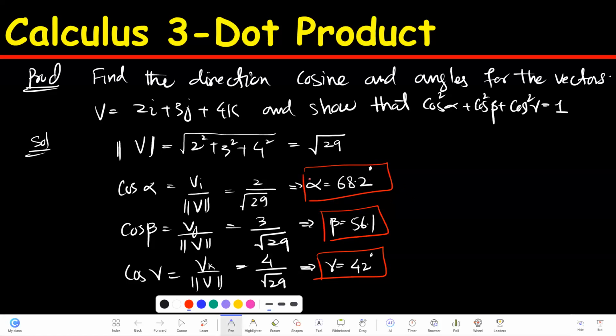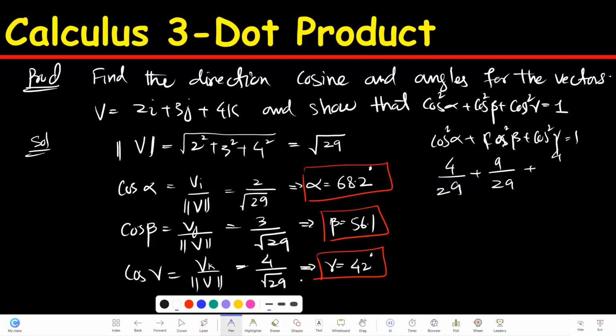Now I'm going to take the squares of those and add them. So I'm going to prove it here, guys, real quick. Cos squared alpha plus cos squared beta plus cos squared gamma equals 1. Here, squaring this term, it's going to be 4 over 29, the square root of 29 will be canceling, plus 9 over 29, plus 16 over 29.